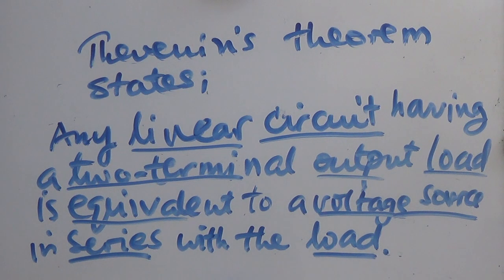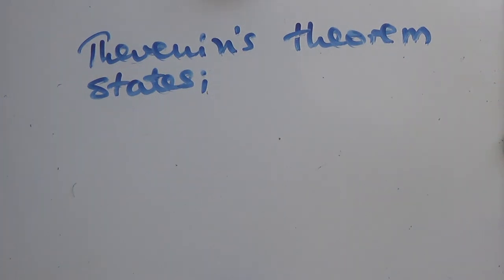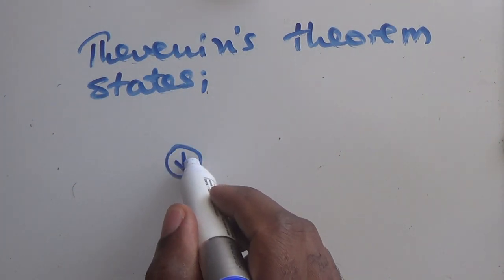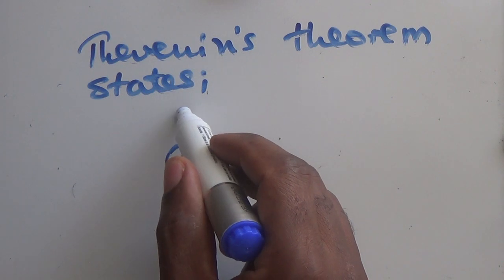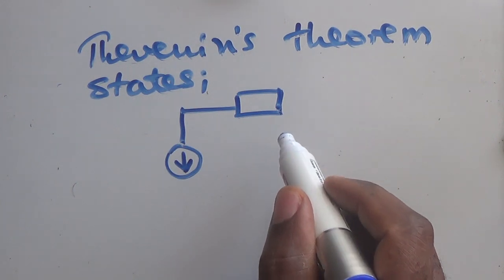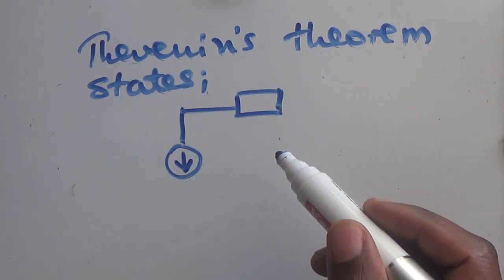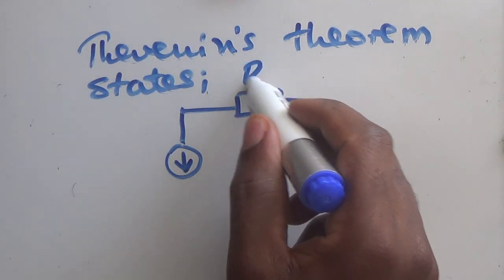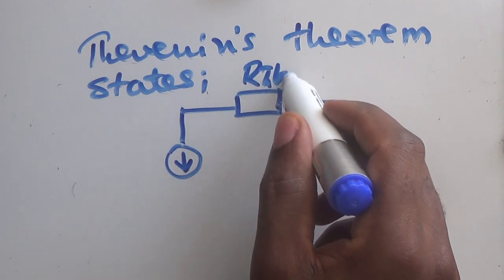And how do we get this? The circuit would look like this. We have a voltage source with the network of the total of all the resistances, the components or elements we had in our circuit, and these are the ones which will be represented by RTH.